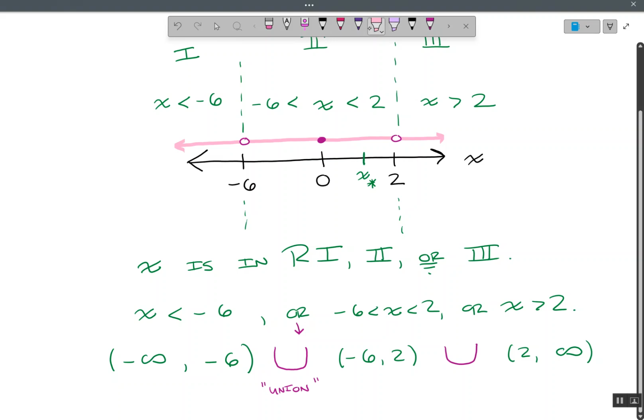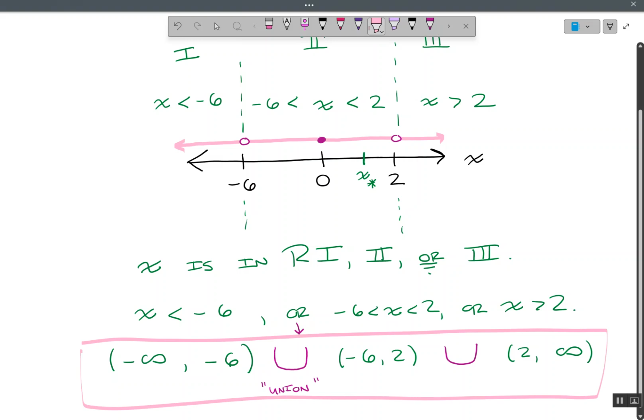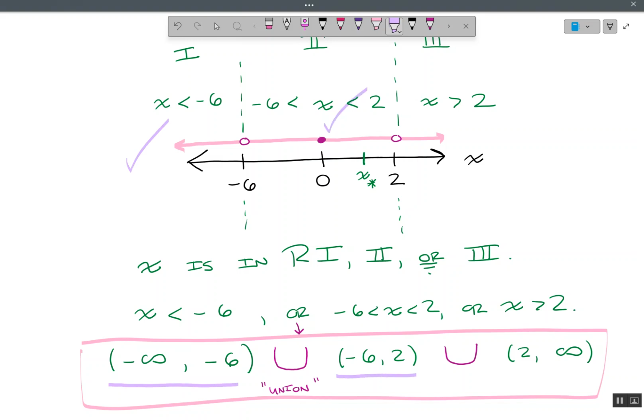So this right here in pink describes the set above, which is in 3 pieces. We have the numbers less than -6 on the left, region 1, the numbers between -6 and 2 in region 2, and the numbers that are bigger than 2.